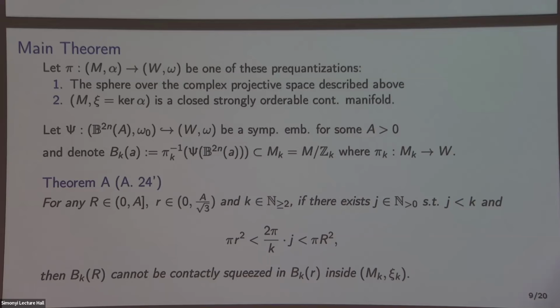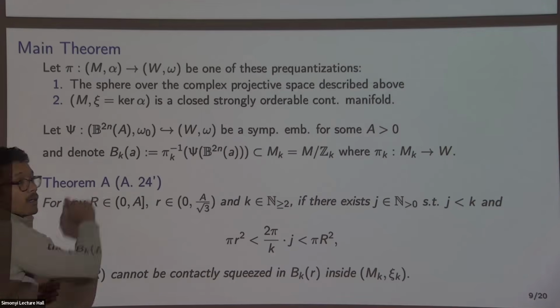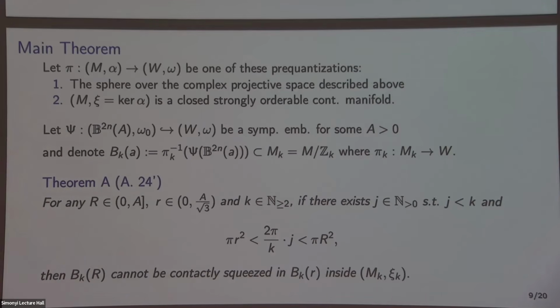I think you can choose A such that this is equal to 2 pi. So there is a symplectic embedding of a ball of radius square root of 2 inside CPN with the convention. So you can start with a symplectic embedding like that.